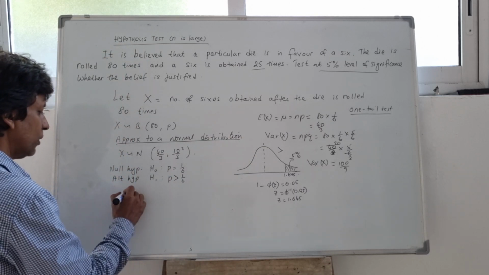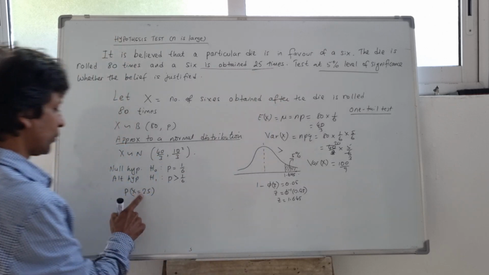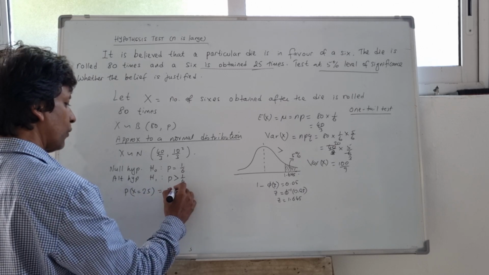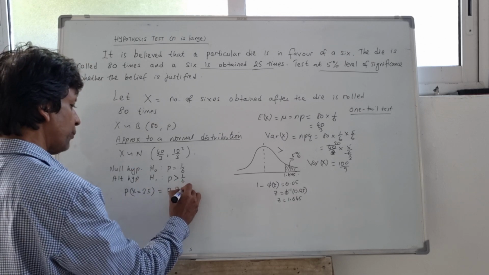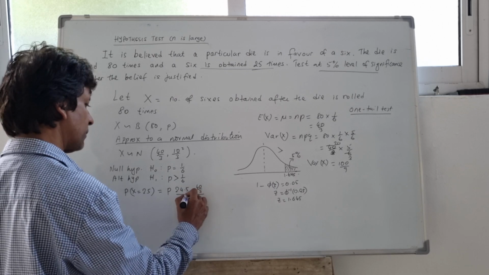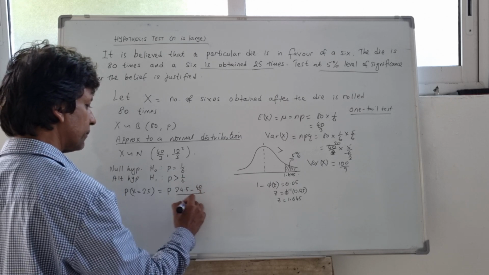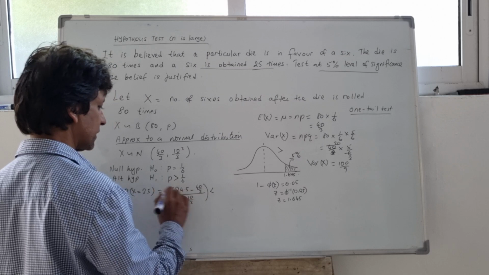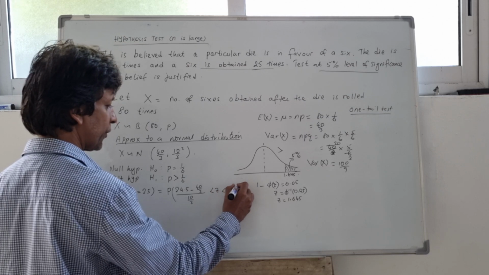Before we do that, we're looking for the probability of x equal to 25, because a 6 is obtained 25 times. So this is then the probability of z between 24.5 minus 40 over 3, divided by the square root of the variance, which is the standard deviation, 10 over 3, and less than 25.5 minus 40 over 3, over 10 over 3.